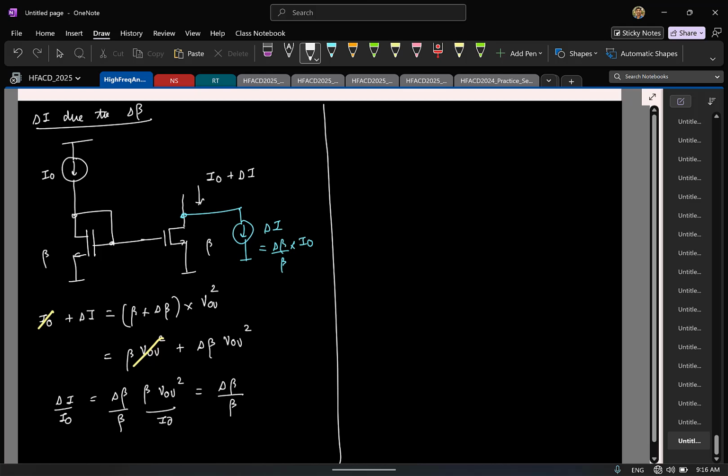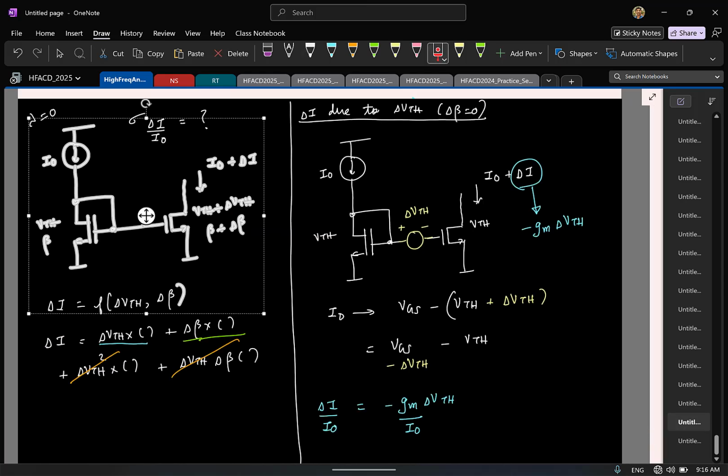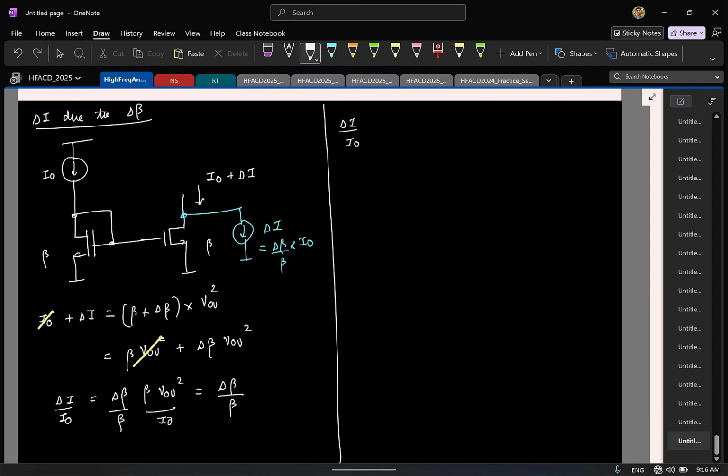So let me write the total delta I by I naught. Due to the threshold voltage mismatch, the expression we saw was minus Gm by I naught times delta Vth. Due to the beta mismatch, it is delta beta by beta.